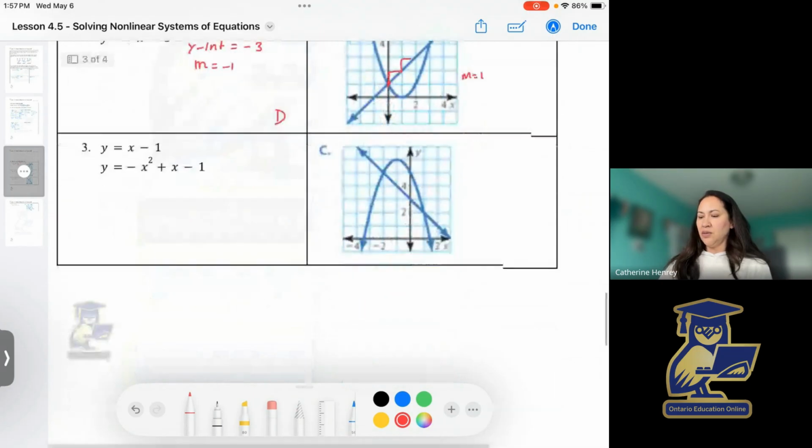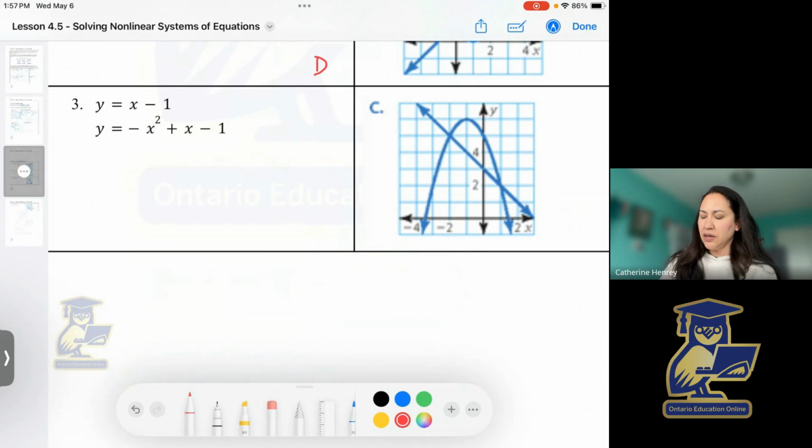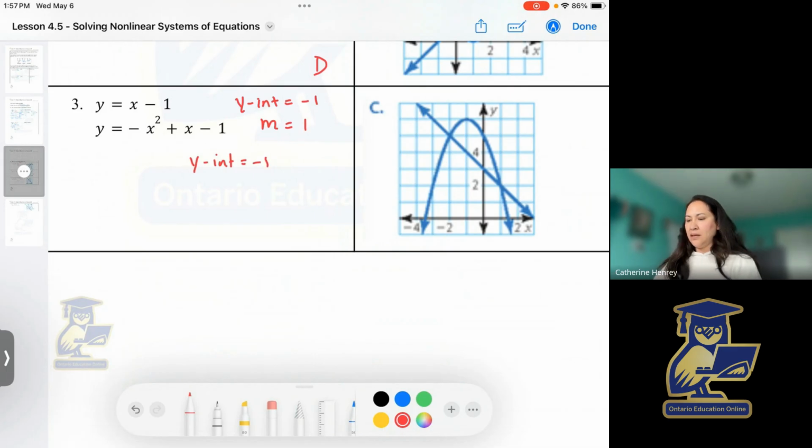So let's go to system 3. The linear function here has a y-intercept of -1 and has a slope of +1. And then the y-intercept of the quadratic is equal to -1. So let's go back up.